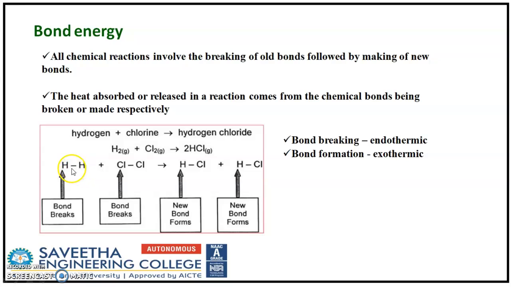Here the bonds in hydrogen and chlorine are breaking, and new bonds are formed between hydrogen and chlorine. Bond breaking is an endothermic process, that is, we have to give heat for breaking of bonds, and bond formation is an exothermic process. The heat is released during that process.